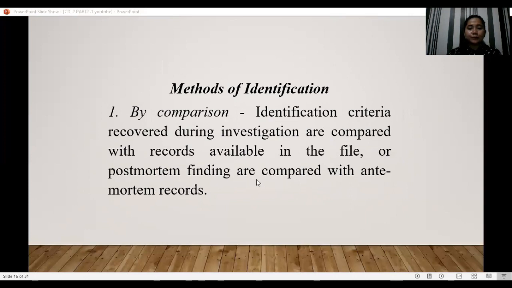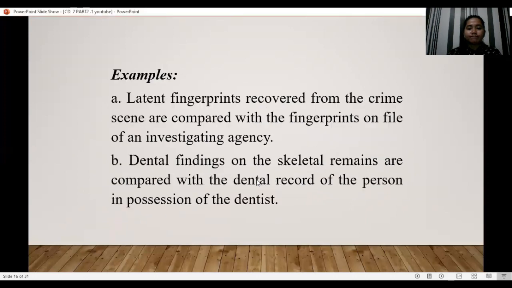So for example, we have latent fingerprints recovered from the crime scene compared with the fingerprints on file of an investigating agency.